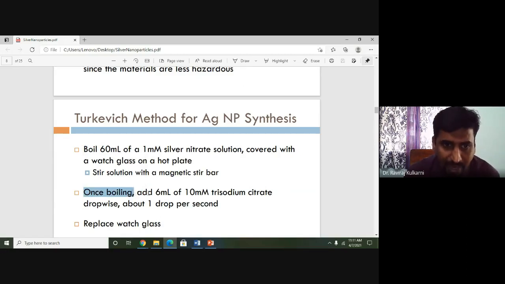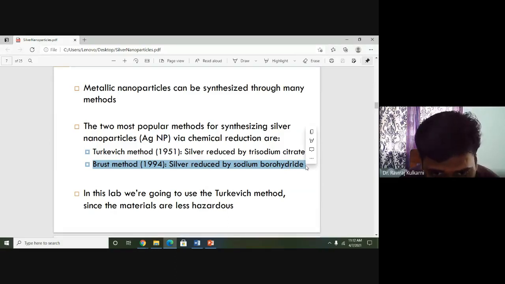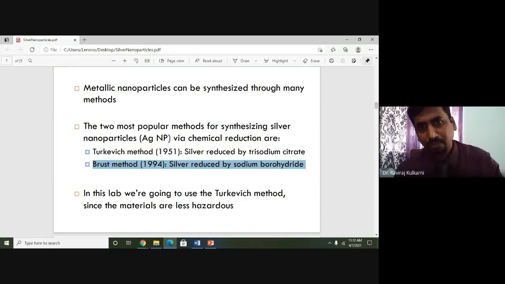Once it is cooled, add 6 ml of 10 millimolar what? Sodium borohydride, dropwise, one drop per second. Okay, that method is called the Brust method. Okay, so these two are the chemical reduction methods of preparing silver nanoparticles.